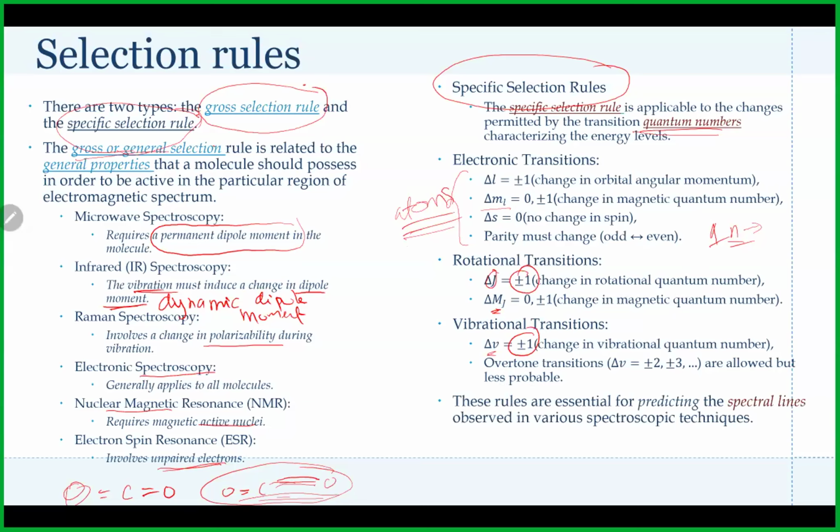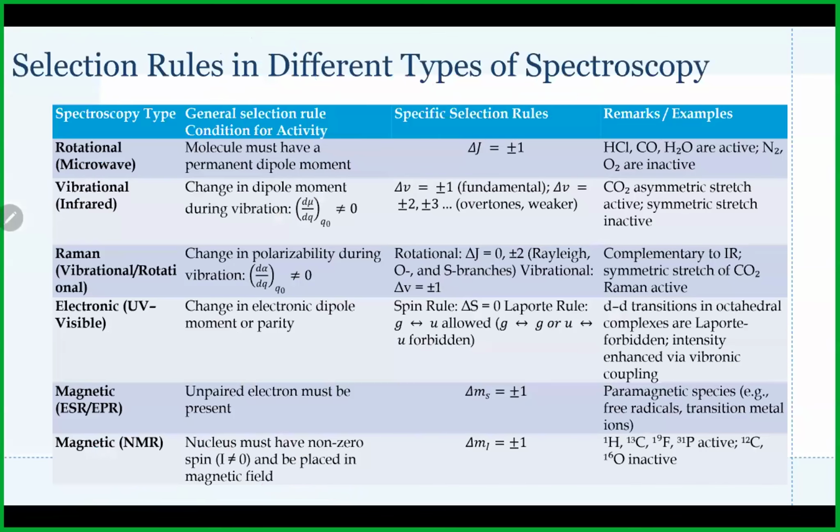So these rules are essential in predicting and explaining spectral lines and also spectral line intensities that are observed in a spectrum.